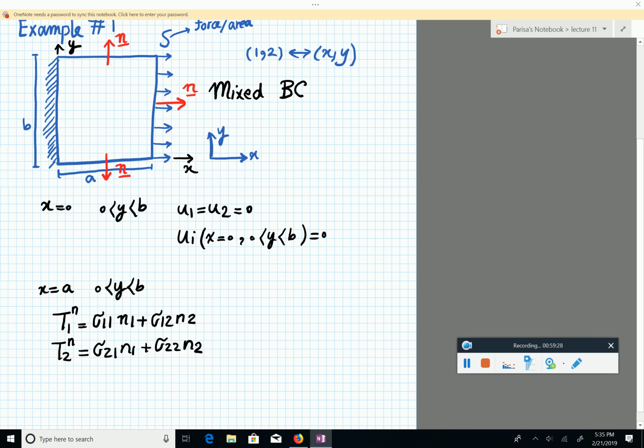So now, going back to x equal to a, what is n1? n1 is 1, n2? Exactly. So n2 is 0, n1 is 1. And what are we specifying for these two? T1, n is what?